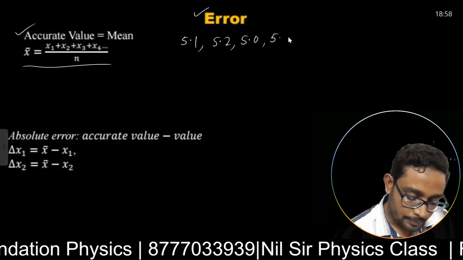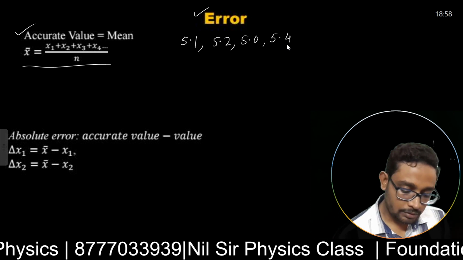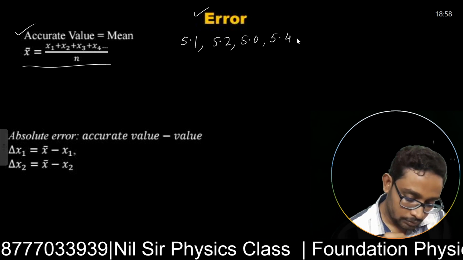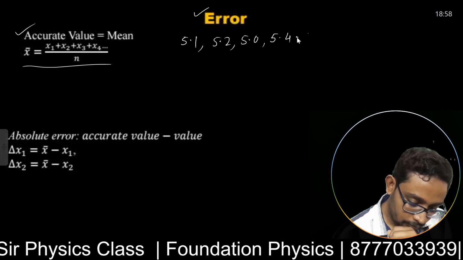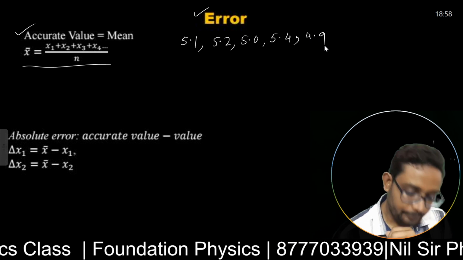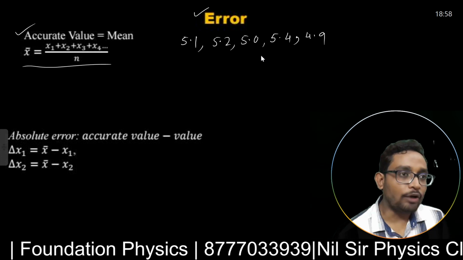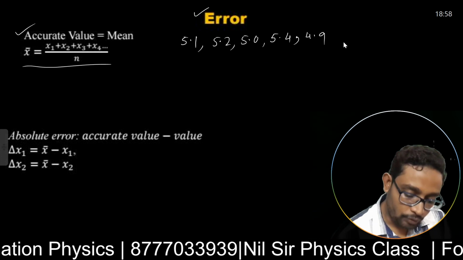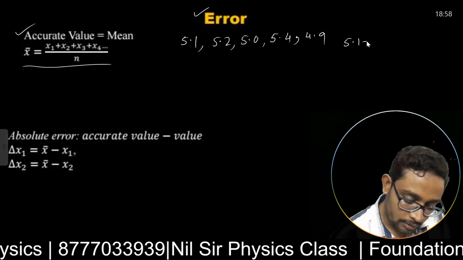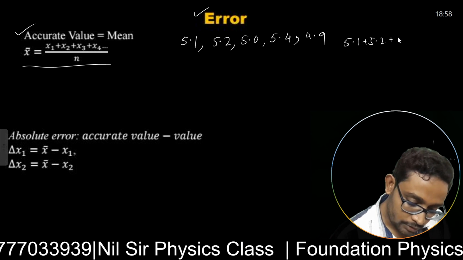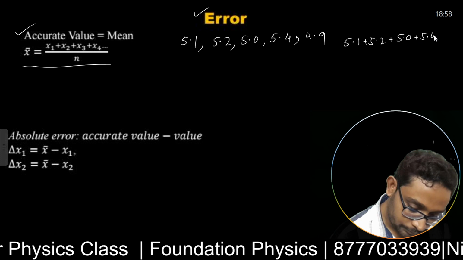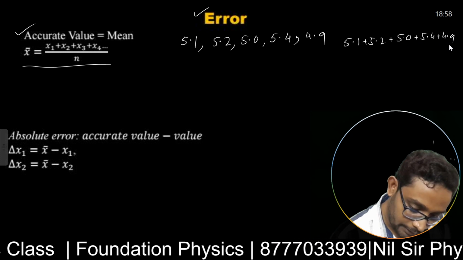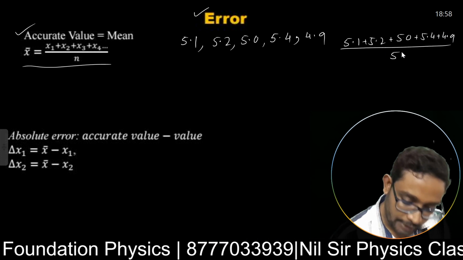For the fourth, 5.4, and we can say 4.9. So what will be your accurate value? The accurate value is 5.1 plus 5.2 plus 5.0 plus 5.4 plus 4.9 divided by 5.